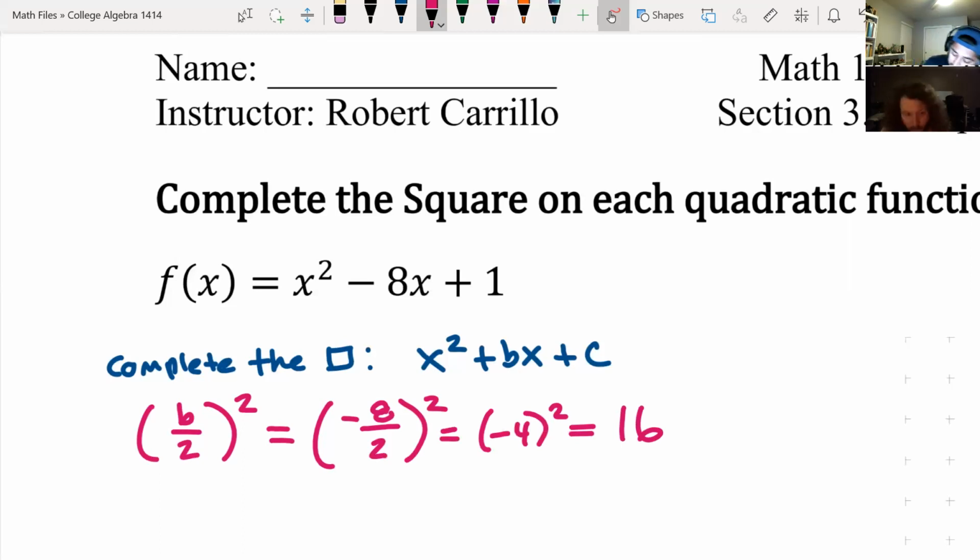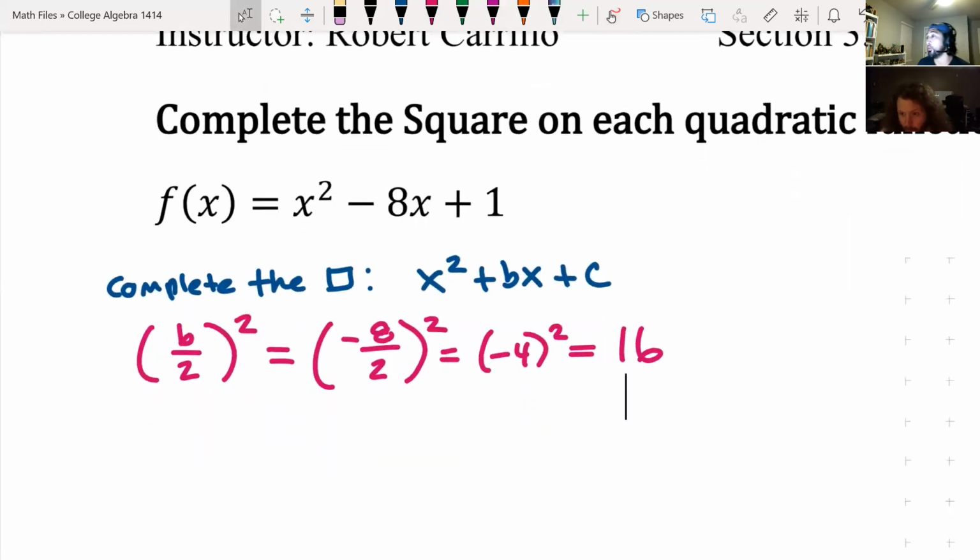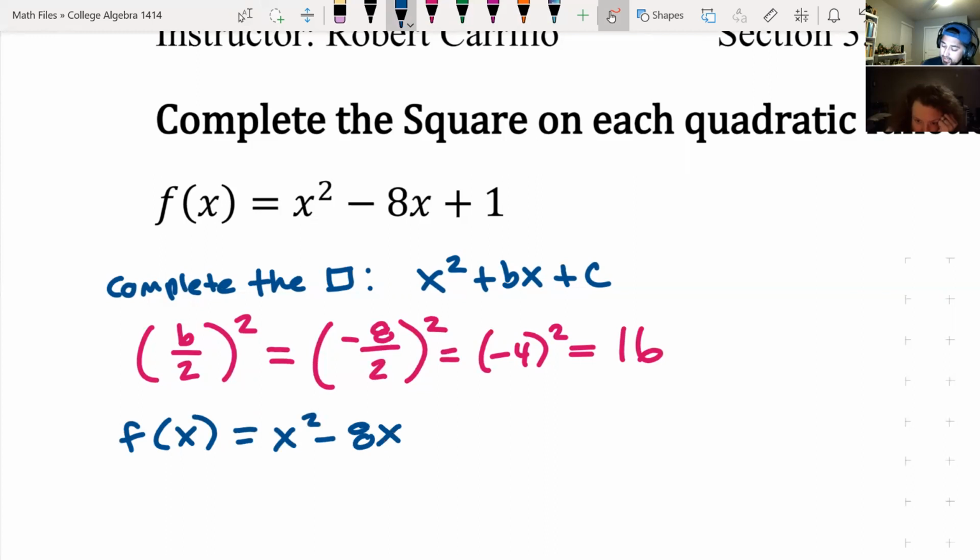Okay. And now what we're going to do with that number is take 16 and add it and subtract it on the same line. So I'll show you our rewrite. So now this becomes f of x equals x squared minus 8x, and now I'm going to have plus 16 minus 16 plus the 1 that was already there.